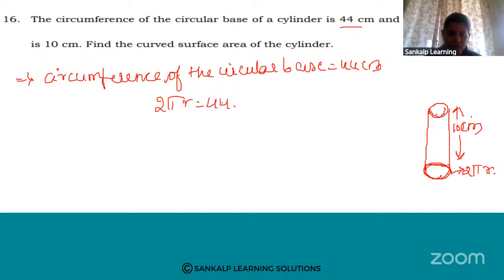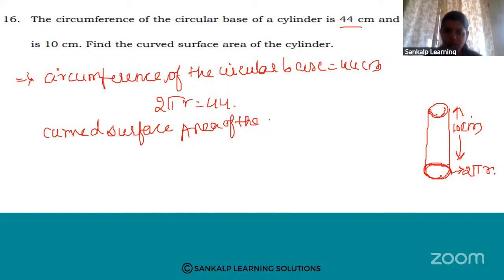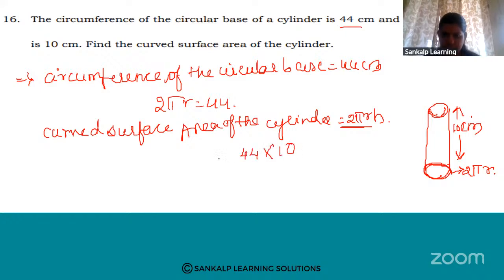Now what they have asked, curved surface area of the cylinder. So curved surface area, that is CSA, we know the formula, that is 2 pi r h, right? So 2 pi r value we know, that is 44, into h value is 10 here. So 44 into 10 is 440. This is curved surface area, therefore this is centimeter square.